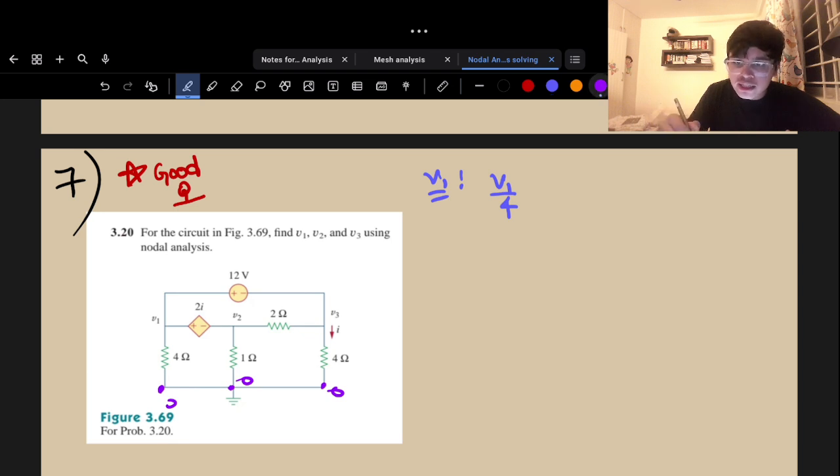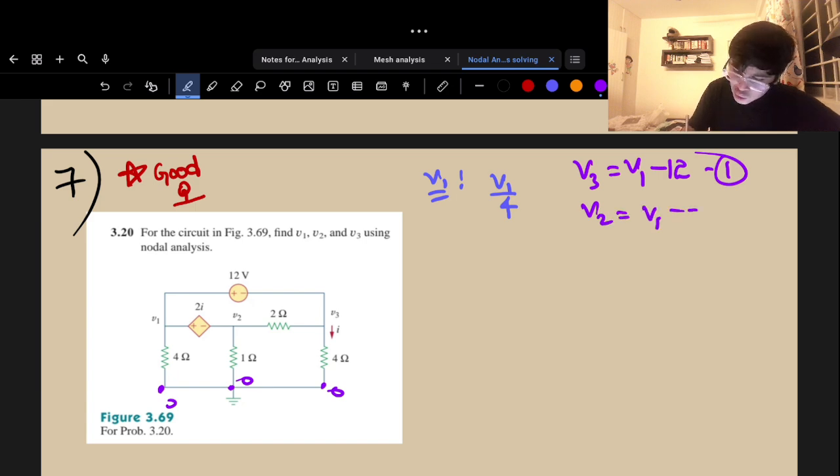If you don't want to complicate stuff, you can simply write V3 is equal to V1 minus 12. That is one of your equations. And then V2 is equal to V1 minus 2I. Let's understand this I as a parameter. I is equal to V3 by 4.